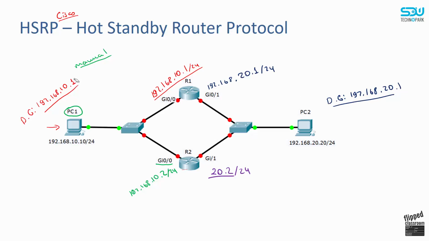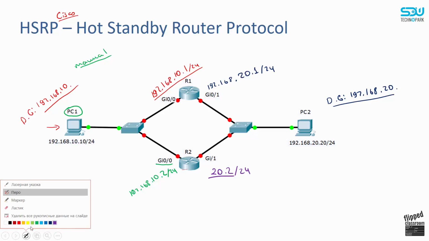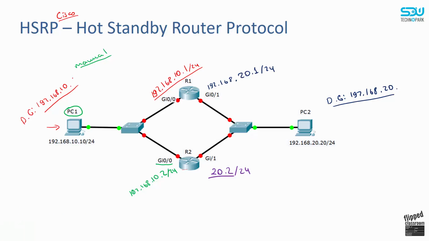All you need to do is configure HSRP, or the standby protocol, on your router interfaces. Look, this IP address belongs to gigabit 0/0 interface of router 1, and this IP address belongs to gigabit 0/0 interface of router 2. So let us define them like this.